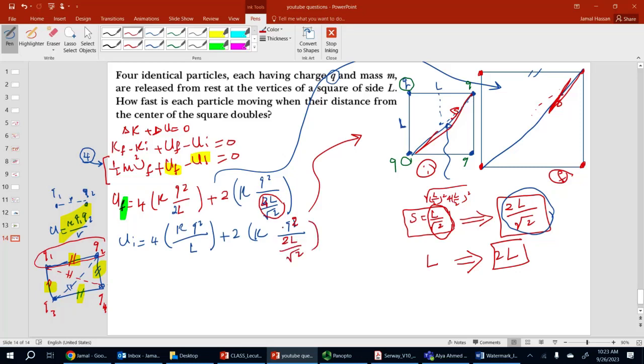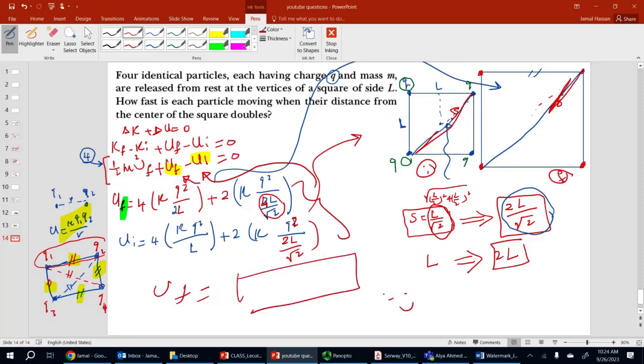Now we need to combine everything here. So I'm not going to do this, so you put everything back here, and you solve it for V final. So V final in this case will be a long expression. Okay, so that's how you do it. But the most important thing is to be able to find the potential energy of 4 charges next to each other.